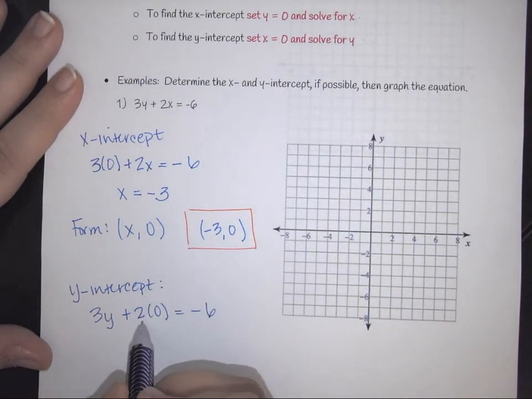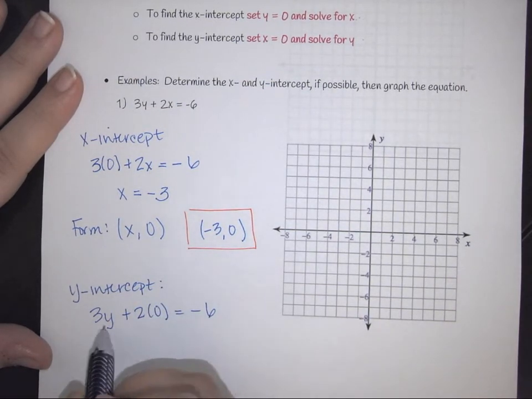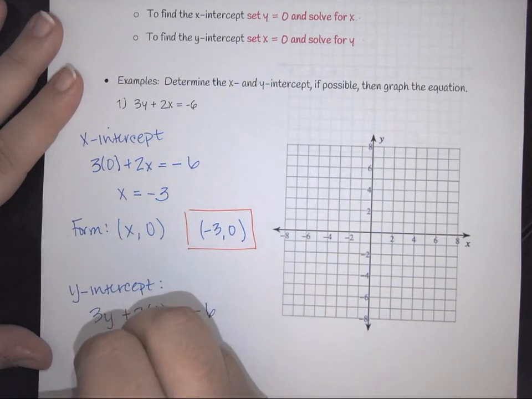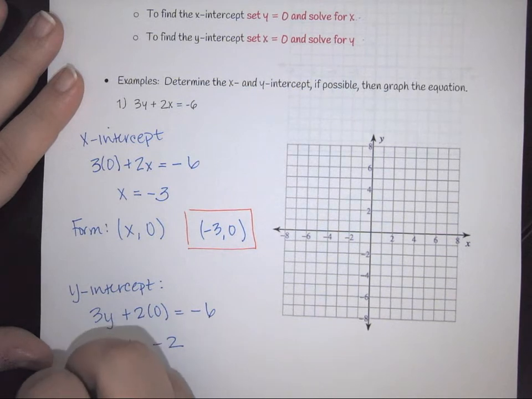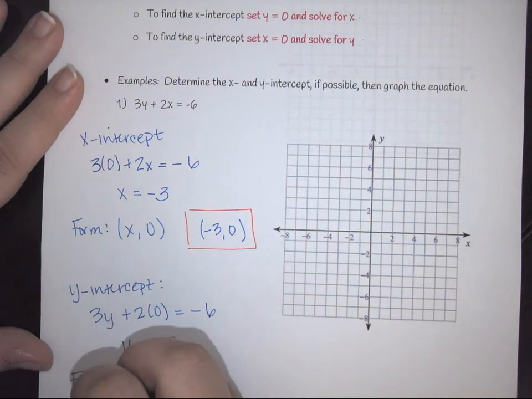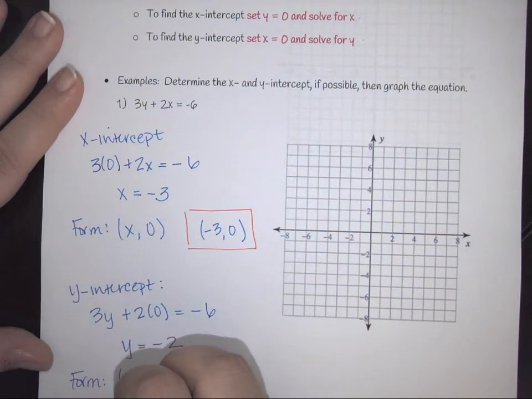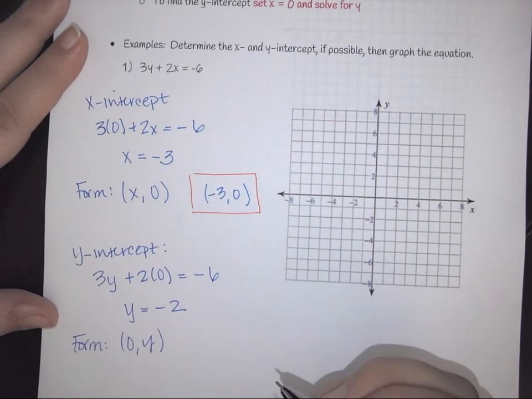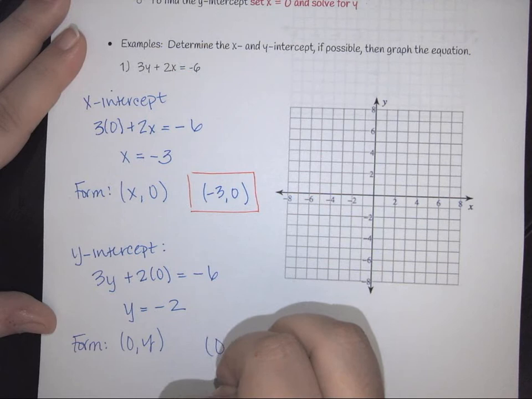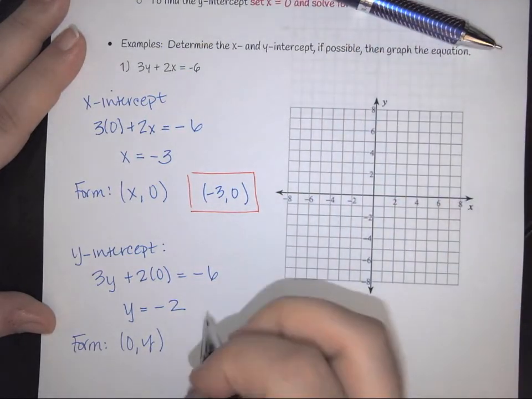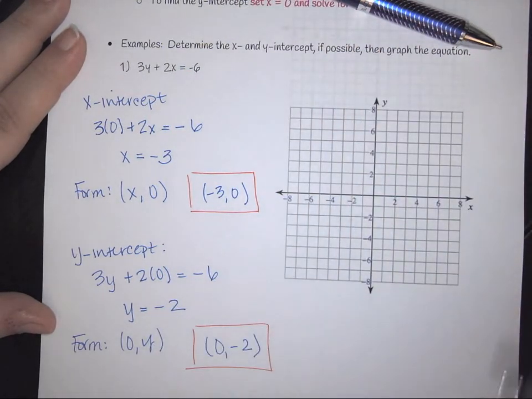So obviously, again, anything times 0 is 0, divide everything by 3, and we get that y is -2. Again, we're looking for the form 0, y. So in this case, we would have 0, -2. And this would be your y-intercept.